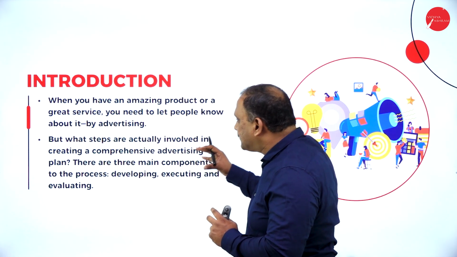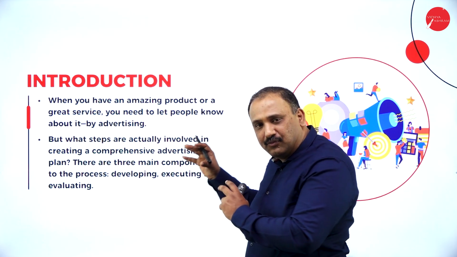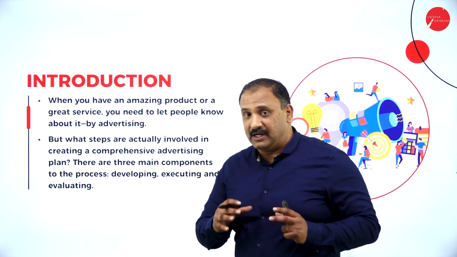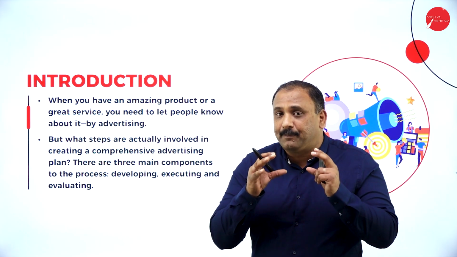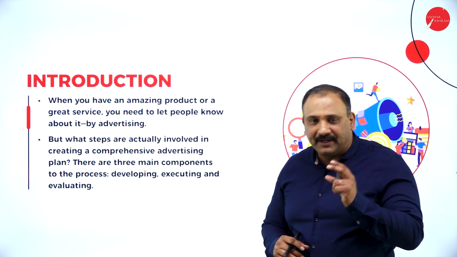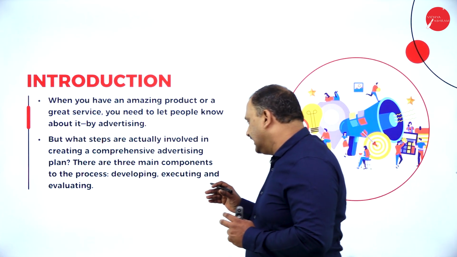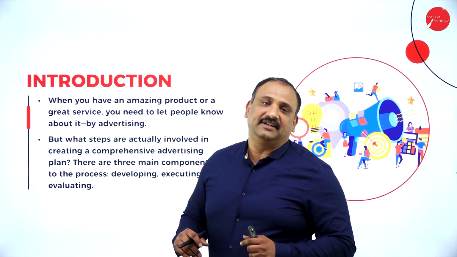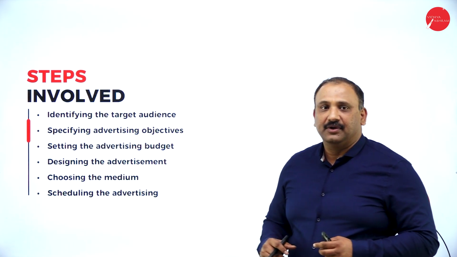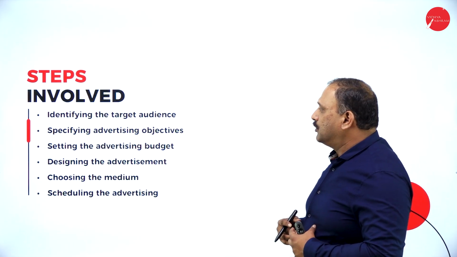Now, the steps that are actually involved in building up a comprehensive advertising plan, there are multiple steps, but there are primarily three steps that we need to understand. First thing is developing the advertisement. The second thing is executing it. And the third thing is evaluating it. Now, as we go further, what are the steps that we are going to involve?